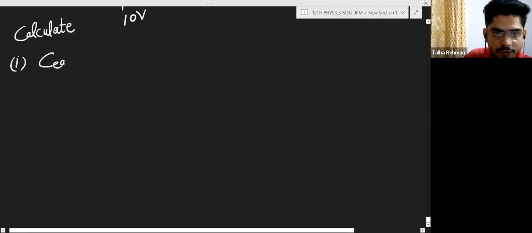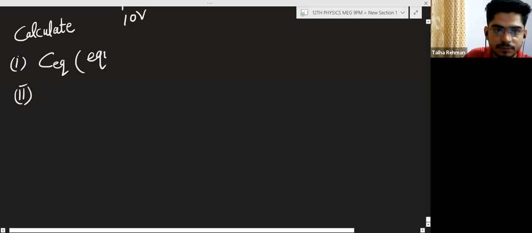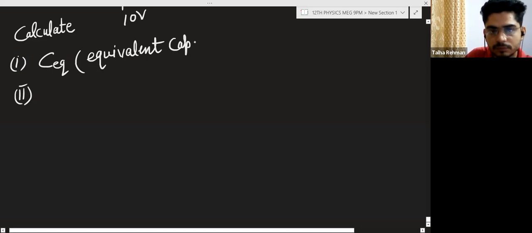C equivalent, means equivalent capacitance. I'm writing here. Equivalent capacitance.